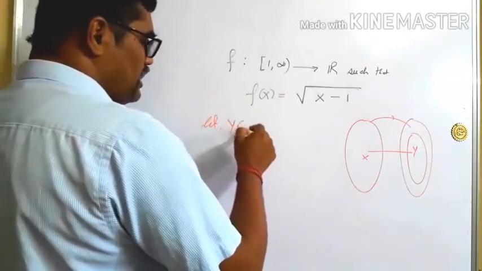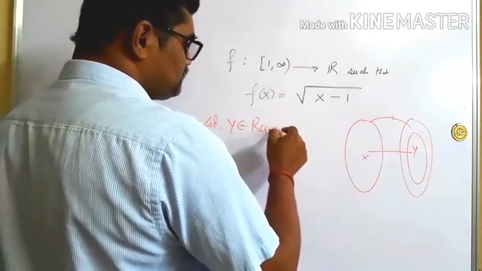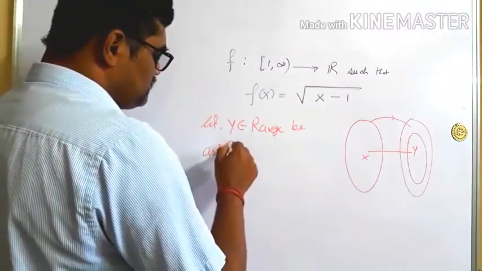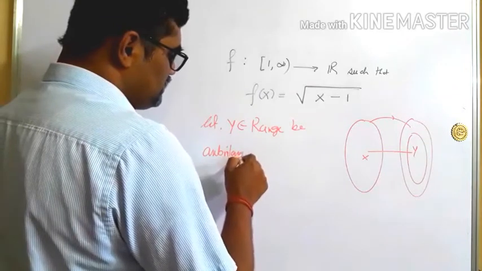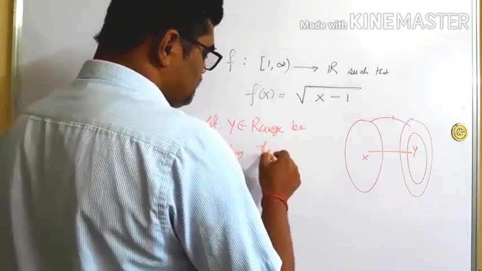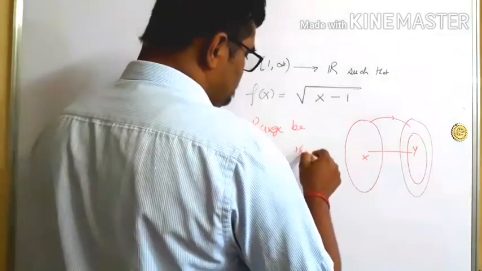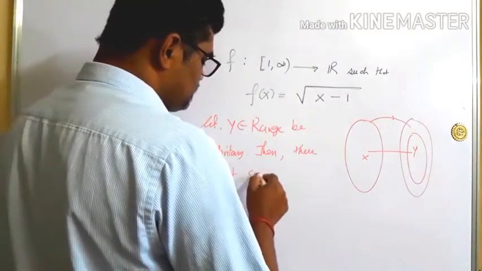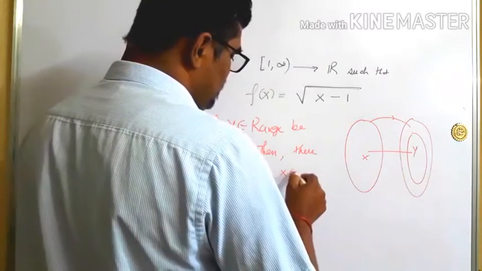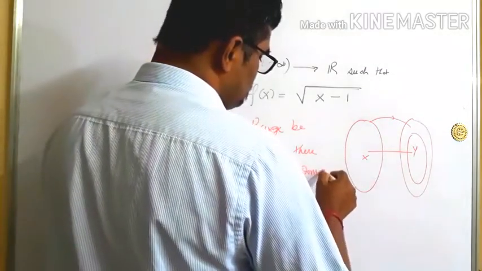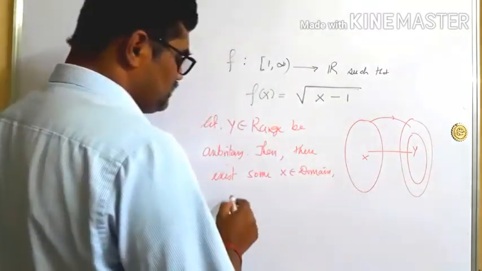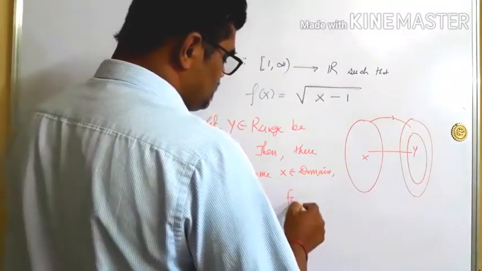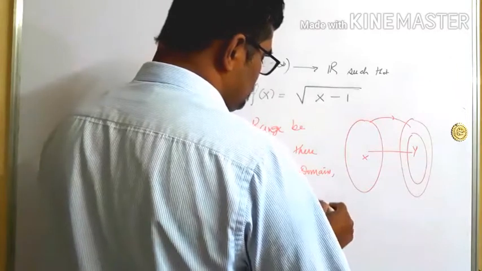Let y belonging to the range be arbitrary. Then there exists some x belonging to the domain such that f of x equals y.